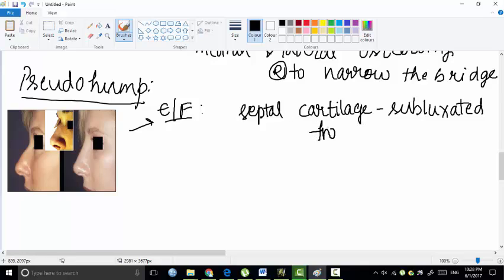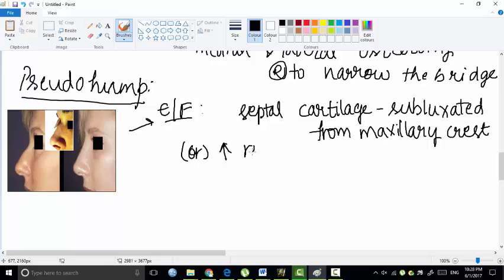Subluxated from the maxillary crest, which is its initial position. It may have changed its position, or there may be increased resection from the maxillary crest during some surgery.